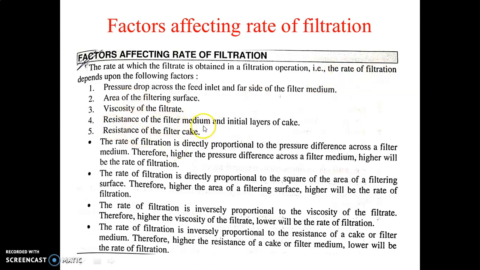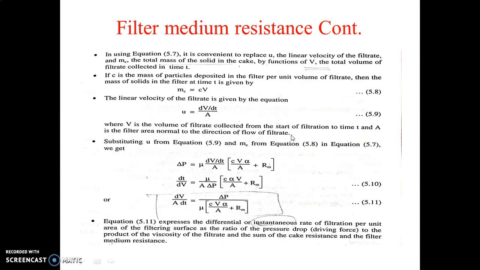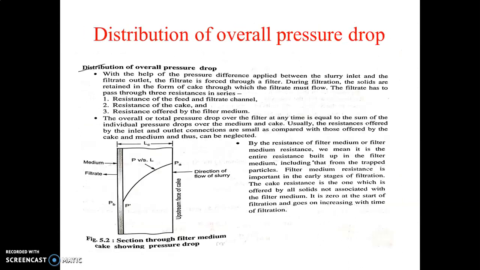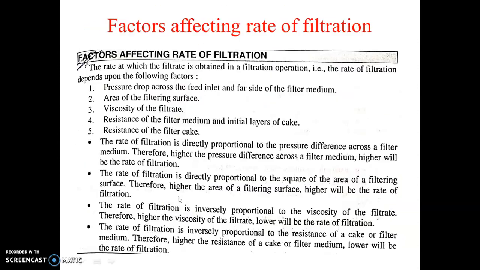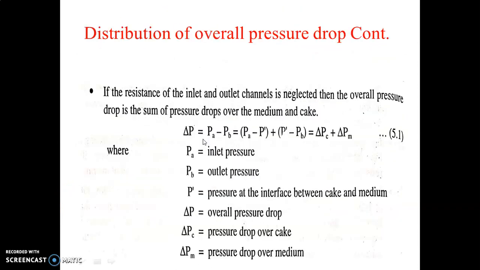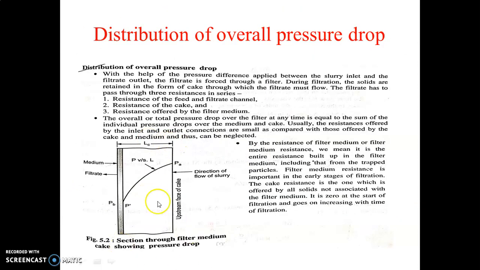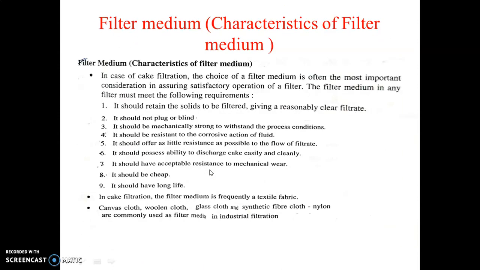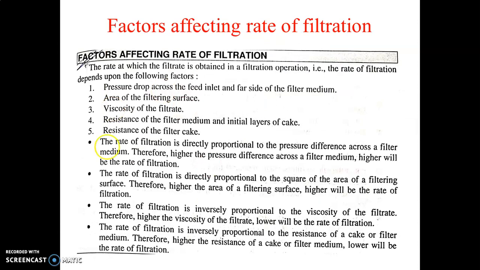Then resistance of the filter medium and the initial layers of the cake. This resistance, we have already discussed this point, the filter medium resistance. Okay. And the last is the resistance of the filter cake. So this filter cake also offers resistance. So these parameters affect the rate of filtration.